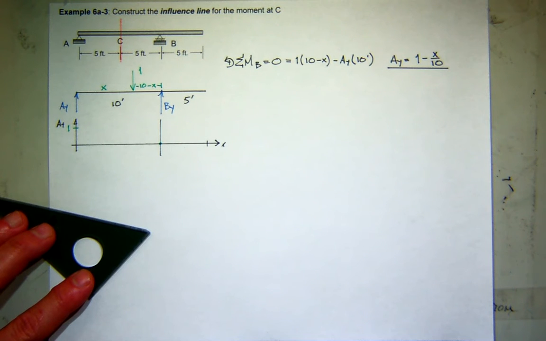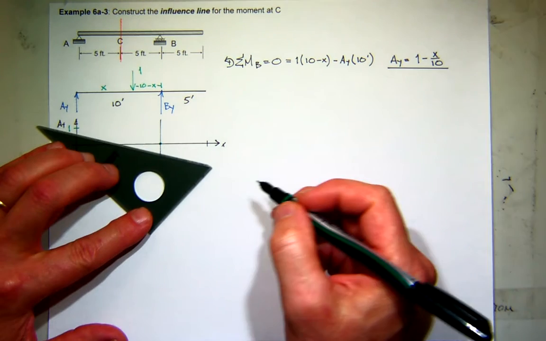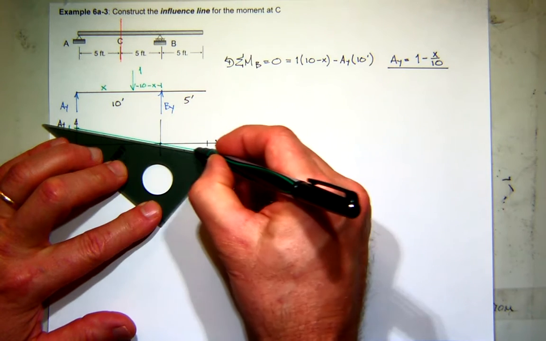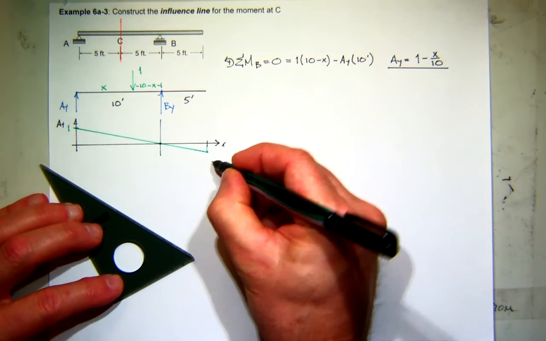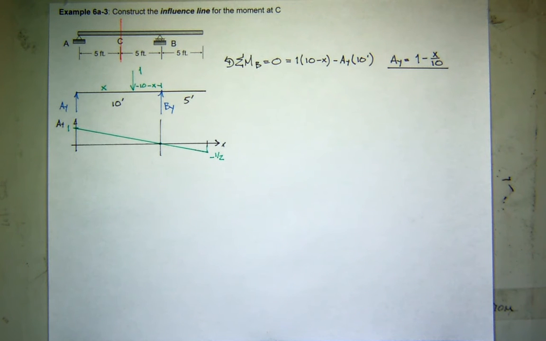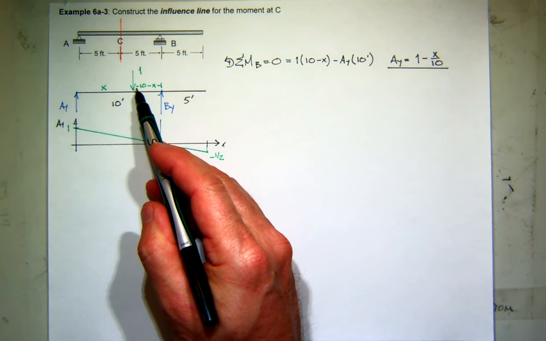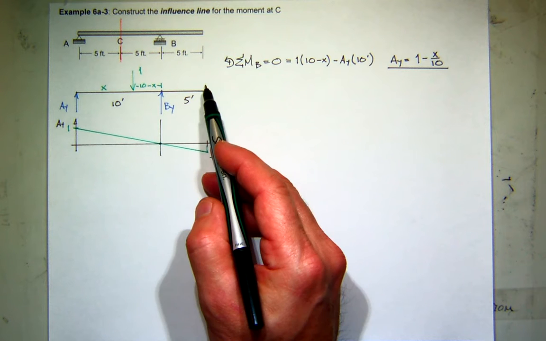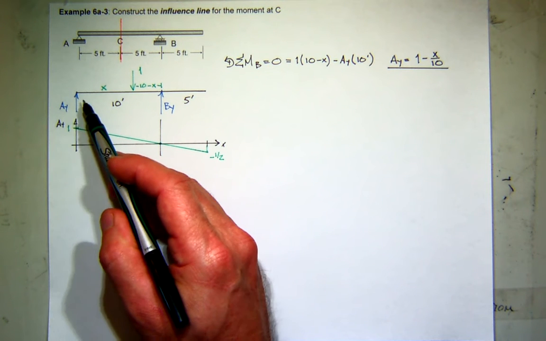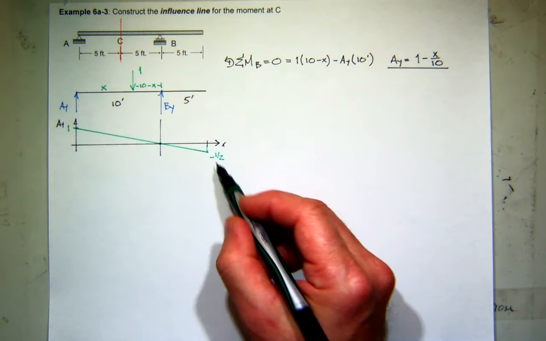When you put in X equals 15, what do you get? Negative 1/2. So as the unit load goes past B to the right-hand side and pushes down, AY has to change signs and pull down to balance it. So that's why you get a negative value.